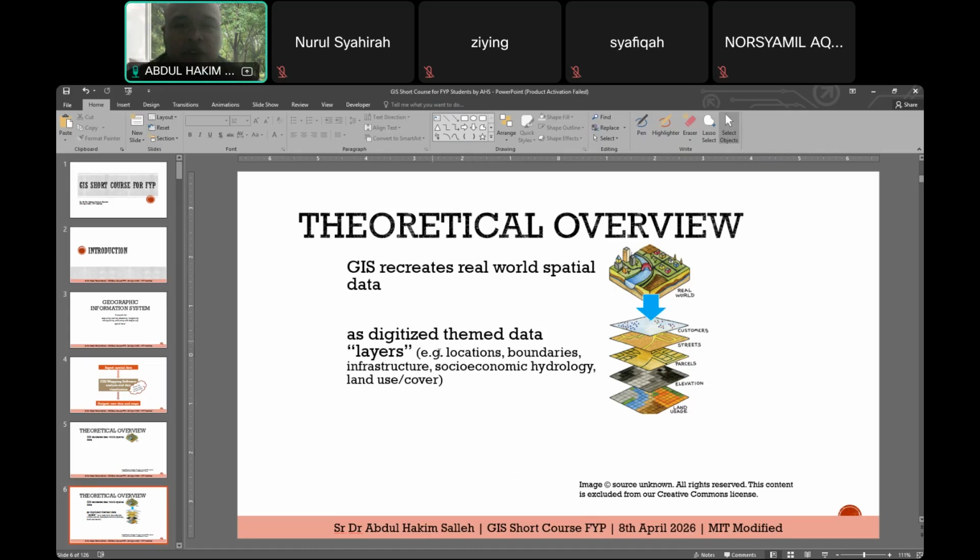Theme data layers, for example, the locations of commercial auto car dealers. Auto means car, car dealers. Location of car shops or car dealers all around Limbung Tebal, for example. Okay, that is one theme of data, and it will be a single layer in GIS.